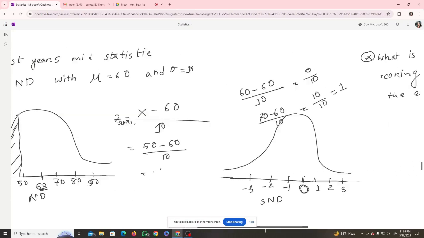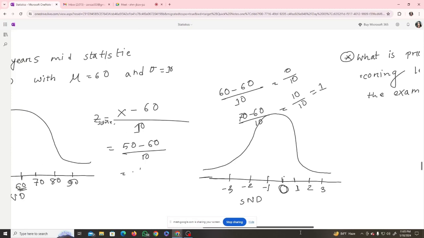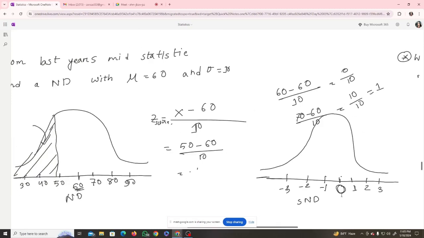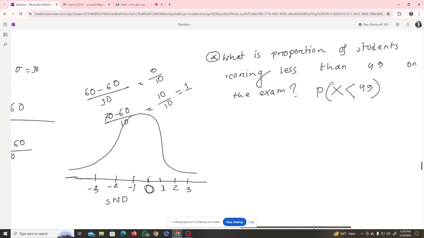Now you're going to work with the z-score, right? So you have to do the work on this distribution. Firstly, what are you going to do? You're going to find the z-score for this value.